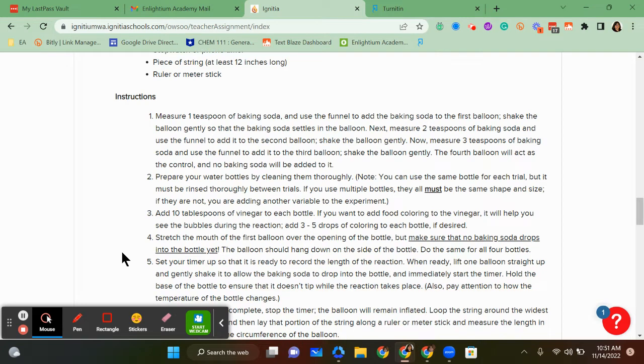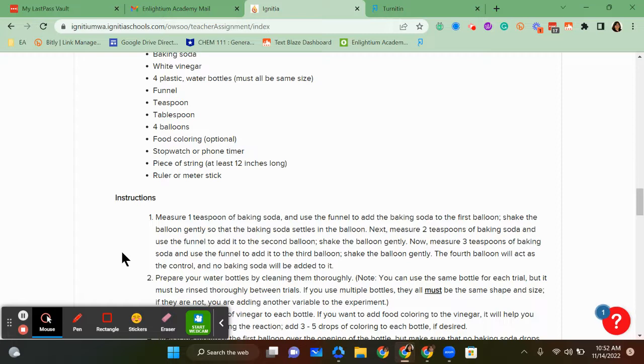In this case, you're changing the amount of baking soda that you're adding to each one of the balloons. And what are you measuring? Well, you're measuring the circumference of the balloon. So right there you have your independent and dependent variable.